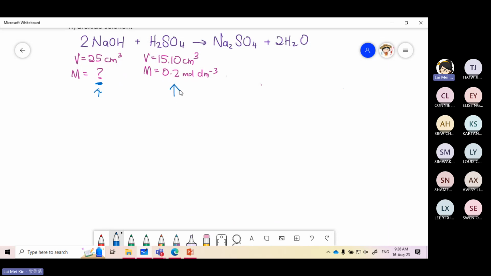So I will attempt this part. I have the molarity, I have the volume. What can I calculate from here? Very quick, yes, very good. Because molarity is number of mole divided by volume. So if I have the molarity, you just substitute 0.2. The volume is 15.10. So what's the number of mole?